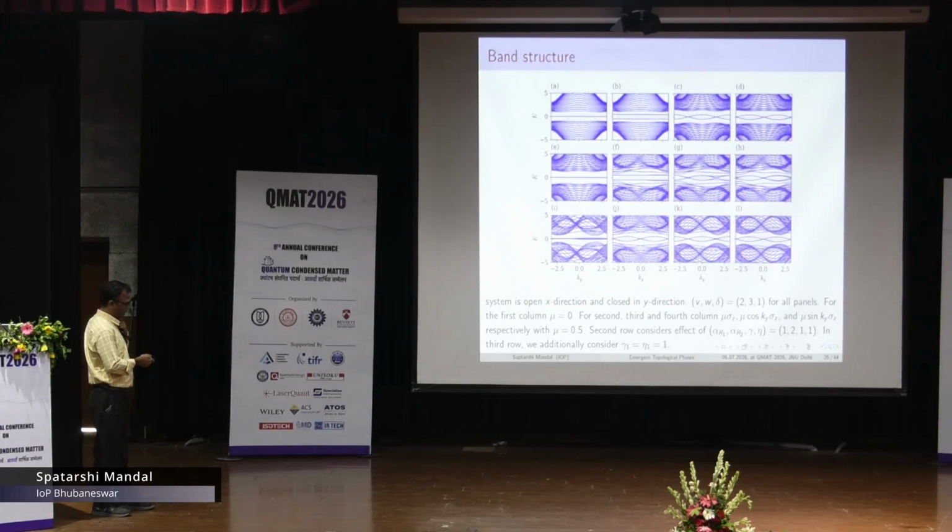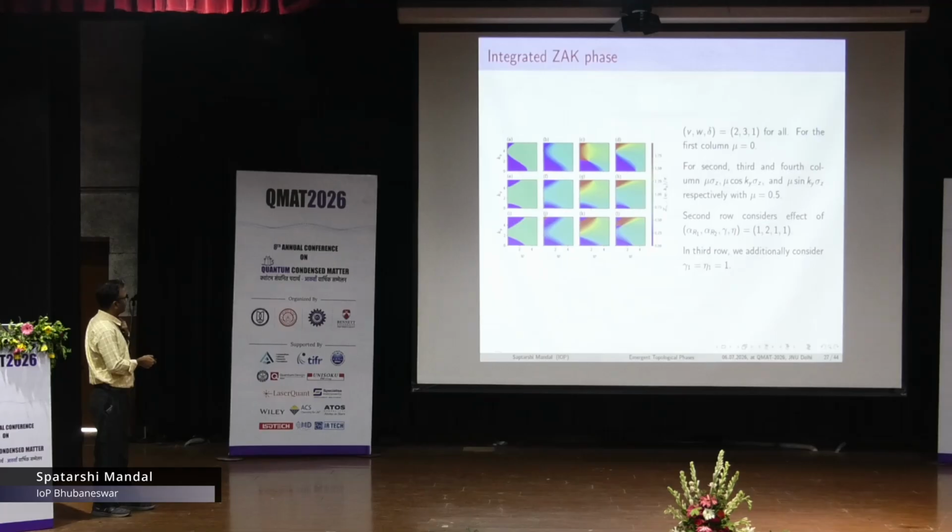And as we did not allow any chiral symmetry breaking term, the total Chern number is 0, and that's why we analyze this system with a Chern number only as a function of k_y. We see that when we have a chiral symmetry preserving term, we have exactly quantized Zak phase, but when we allow a diagonal term which breaks the chiral symmetry, then we have a fractional Zak phase also.